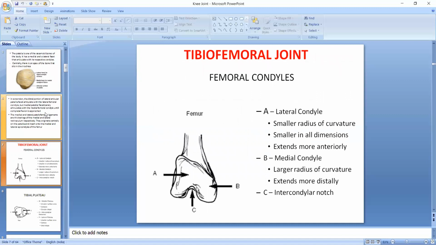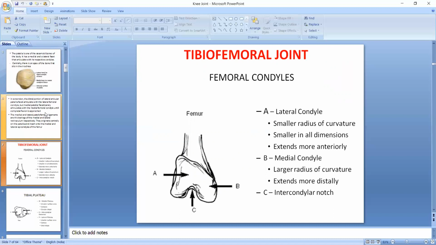Tibiofemoral joint: femoral condyles, and we can say lateral condyle, medial condyle, intercondylar notch. Lateral condyle has a smaller radius of curvature, is smaller in all dimensions, and extends more anteriorly, whereas medial condyle has a larger radius of curvature and extends more distally.